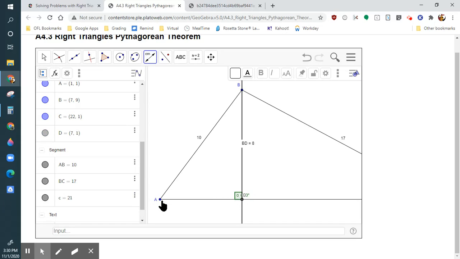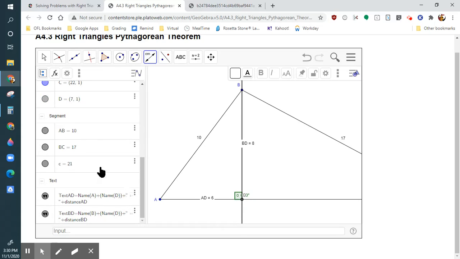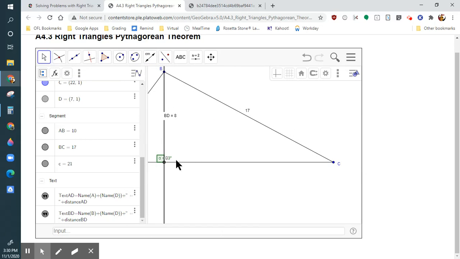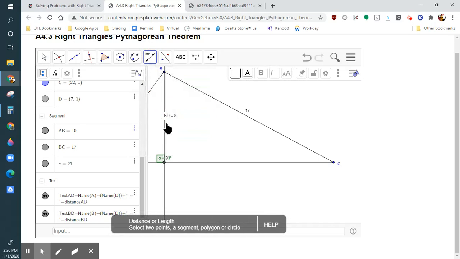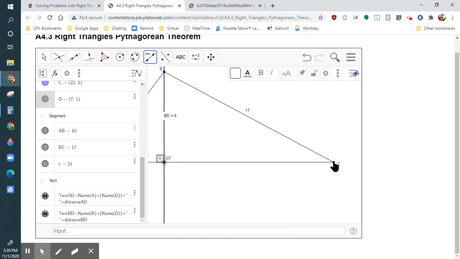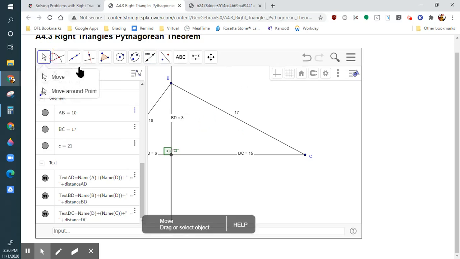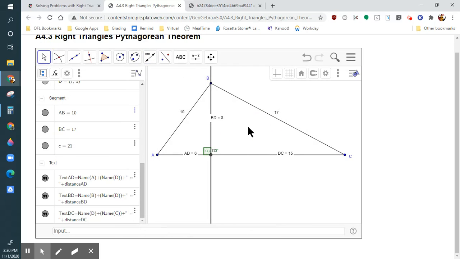There we go. All right. And then, like I said, we're going to have these here to prove everything else a lot faster. I guess I had it on select instead of distance. There we go. All right. That took way too long. All right, so now this is accurate.